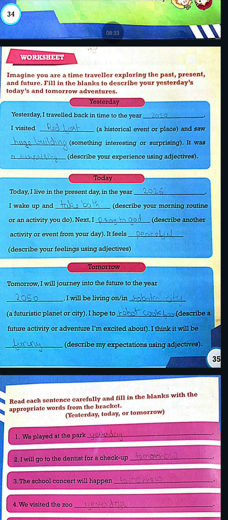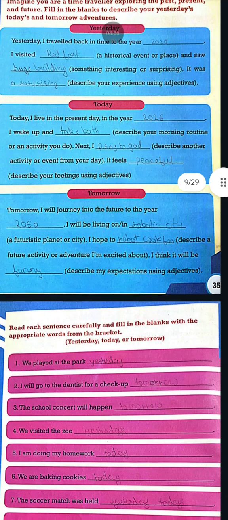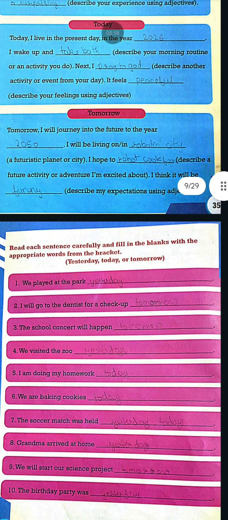It was a surprising. Now you cannot write it was a surprising. If there was a surprising sight or event or view, then you could write that. In this one, the correct fill in the blank is it was surprising, or should not come in front. Okay, just like that you have to do the other two.